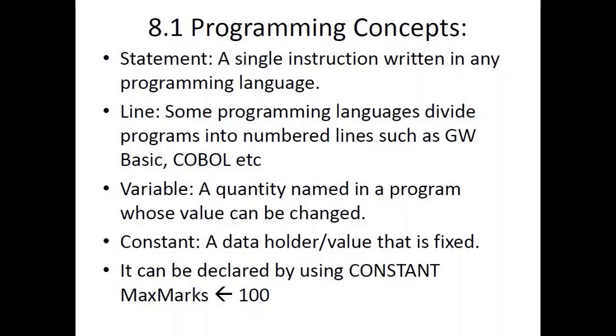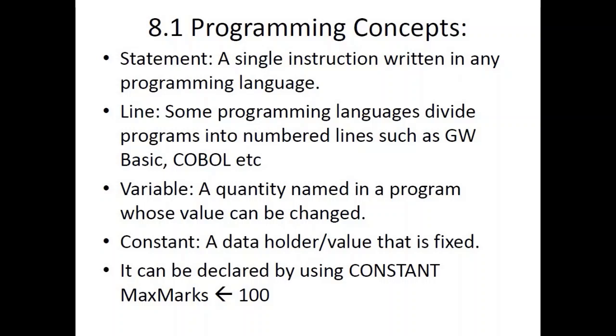Now next thing is a variable. A variable is a namespace or a memory space or a quantity that is named in a program whose value can be changed or that will change during the run of the program, whereas a constant is a memory space or a data holder or a value that is fixed and will not change during the run of the program. It can be declared by using constant keyword.